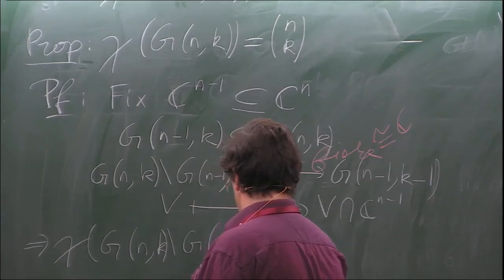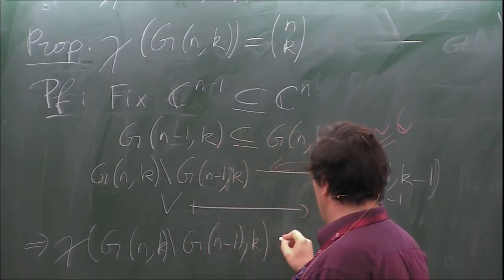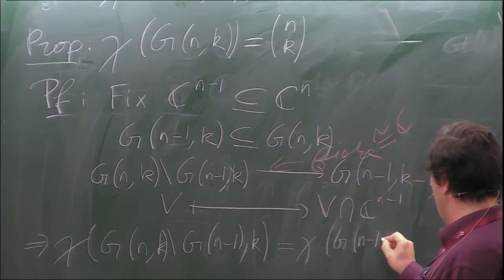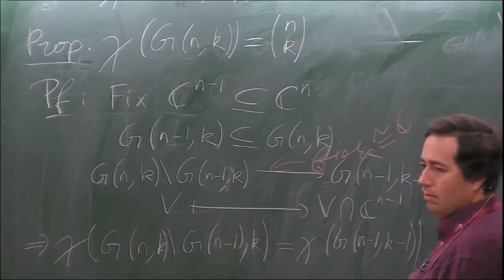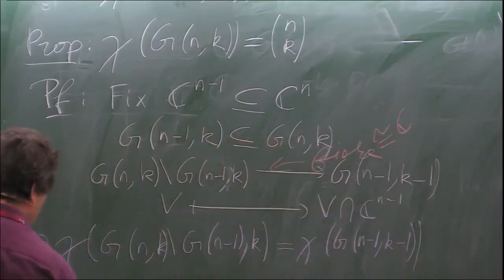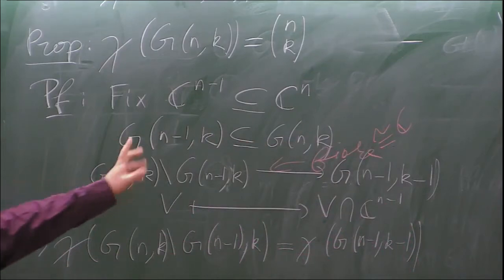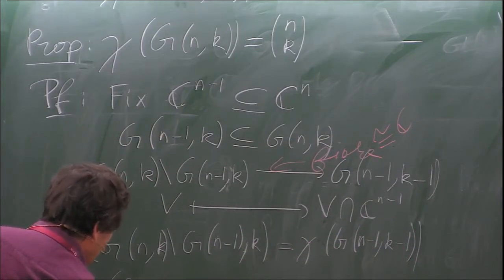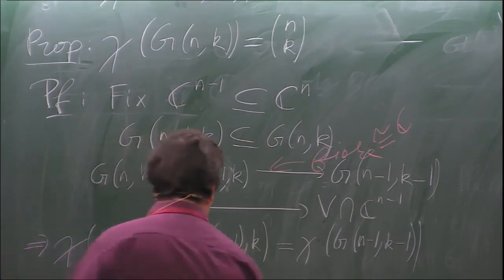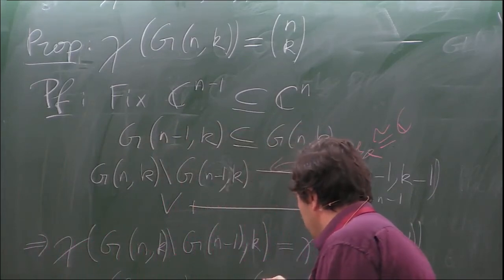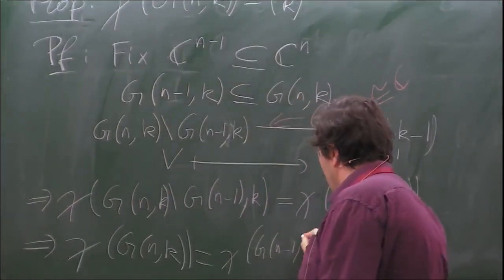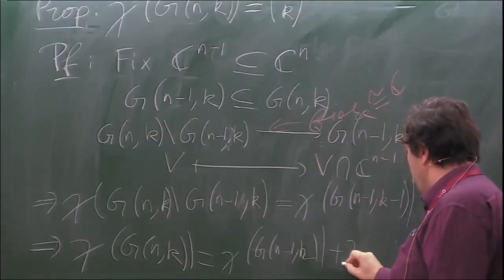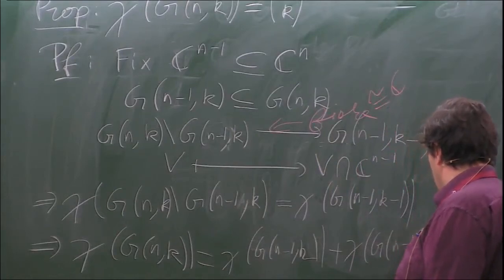the Euler characteristic of Gr(n,k) minus Gr(n-1,k) is just equal to the Euler characteristic of this thing, right? This is because I use that and I use that the fiber has constant Euler characteristic 1. Therefore, the Euler characteristic of Gr(n,k) is just the sum of the Euler characteristic of Gr(n-1,k) plus the Euler characteristic of the Grassmannian Gr(n-1,k-1). Sorry, I put the parentheses in a strange way.